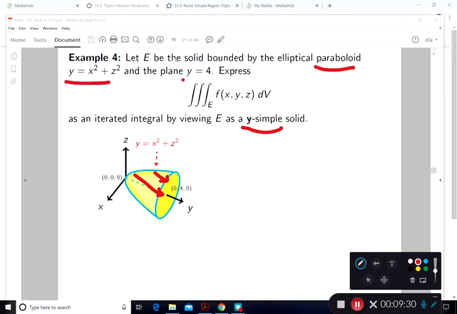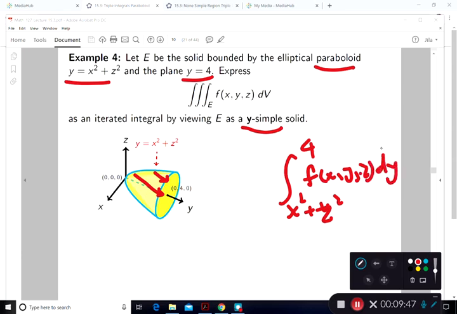Incidentally, y is actually solved in here, right? So I can set up y from x squared plus z squared, which is the paraboloid, all the way to 4, of f of x, y, z dy.